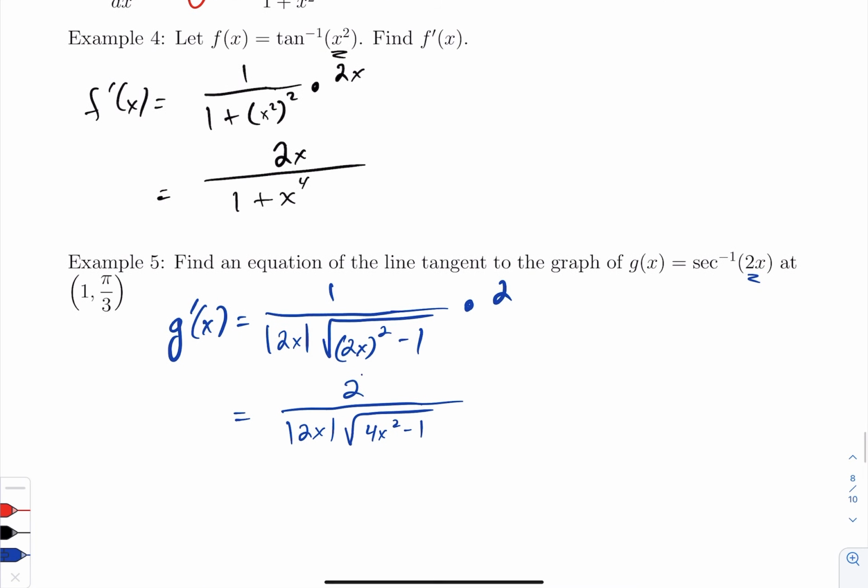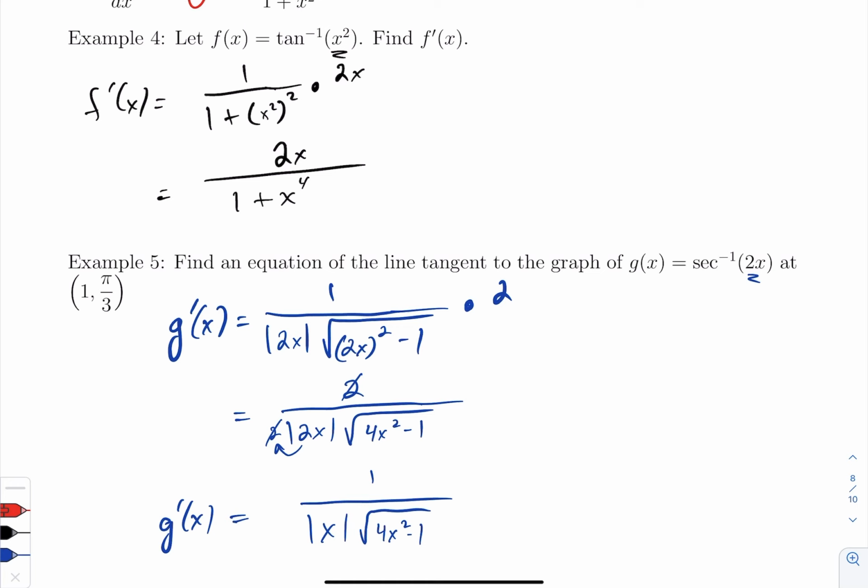And we can cancel that 2. This 2 comes out as a positive 2, and then it cancels. So I'm left with 1 over the absolute value of x times the square root 4x squared minus 1. Okay, so that's g prime of x.